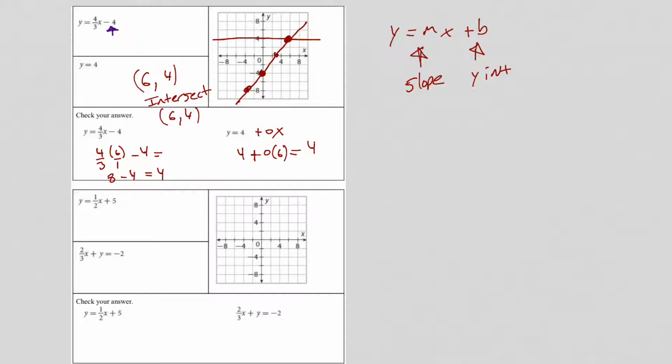So here's one more example. We know the y-intercept here is positive 5. It's going up 1 over 2, 1 over 2, 1 over 2, so on.